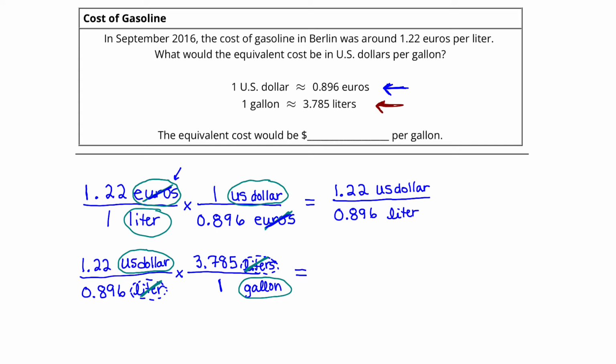So in the numerator, pull out a calculator, and you're going to take 1.22 and you're going to multiply that by 3.785. And when you do that, you will get approximately 4.6177. See if your numbers match mine. The units on top are US dollars.